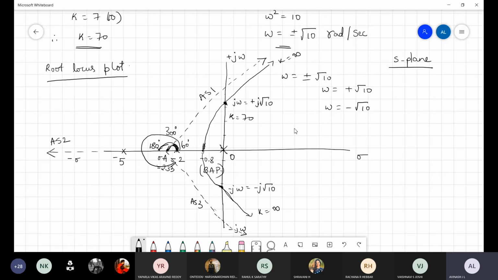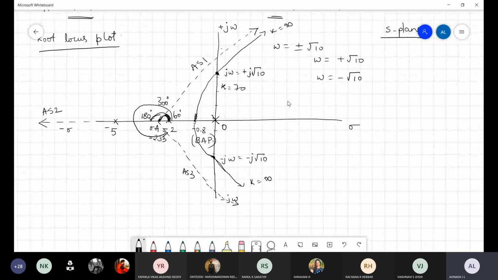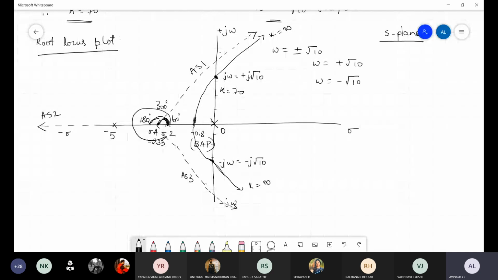Once you plot the root locus, you can write one comment. So what is that comment? For k greater than 70, the root locus crosses over to the right-hand side of the S plane.